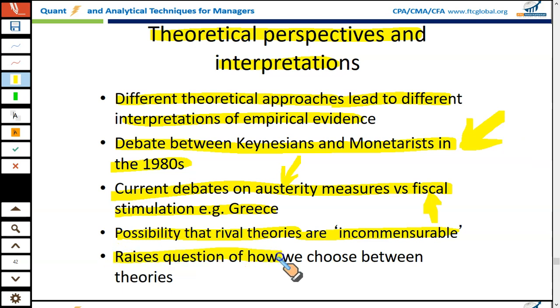Then it raises questions on how we choose between theories. This leads to a big question: how do we decide which theory is better when they are based on different foundations and lead to different conclusions? So this is the issue we were discussing a little while ago, whether it's 9 or 6, or whether it's a duck or a rabbit.